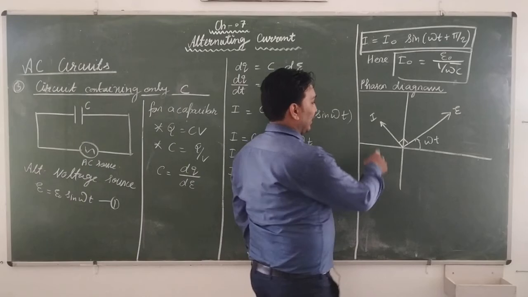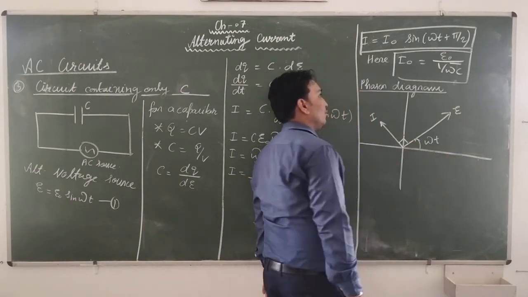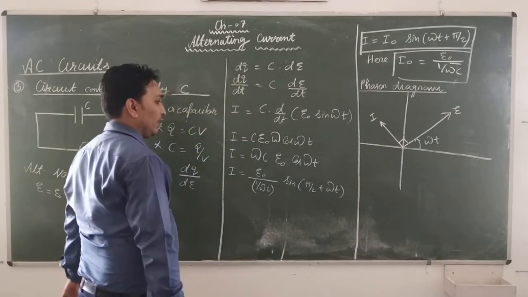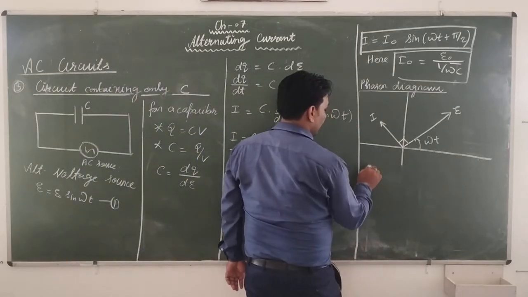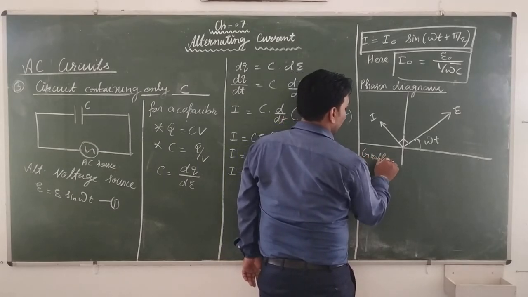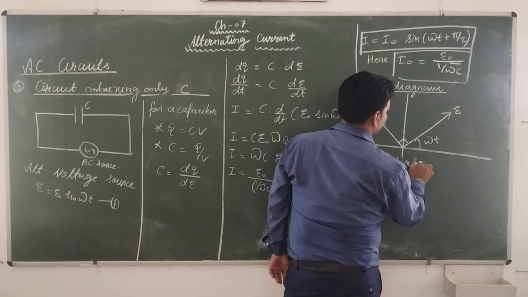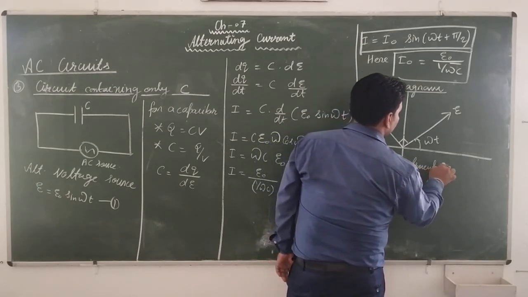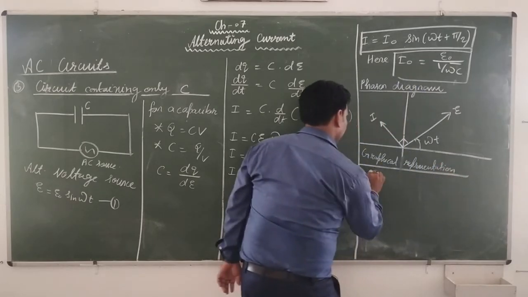If you take the angle of current from the x-axis, you are going to have omega t plus pi by 2, right? So this is the angle of current. And if we talk about graphical representation, how are we going to represent it? Graphically, let us see.